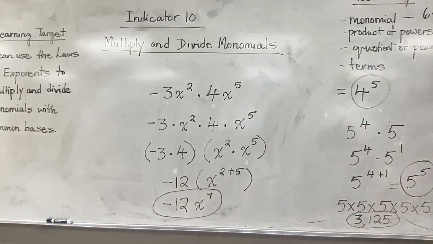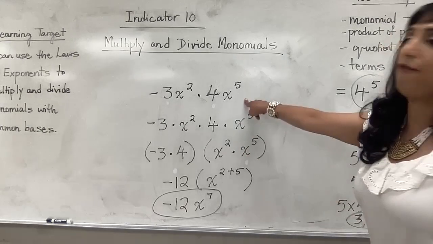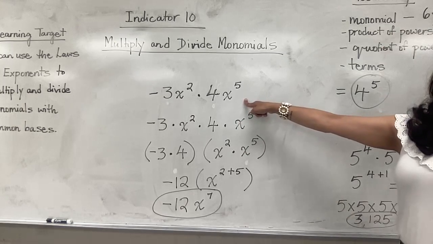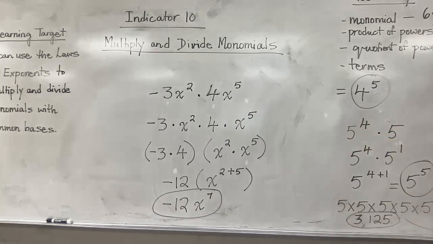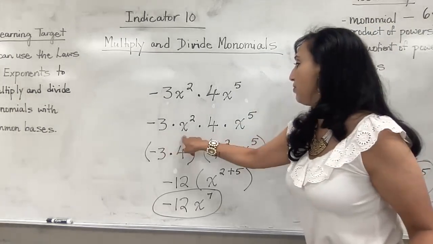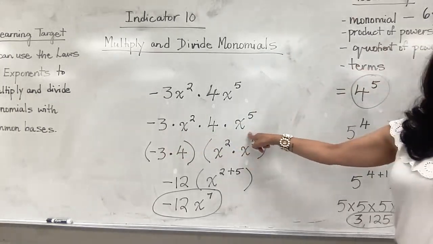Now when simplifying the expression, why were the coefficients multiplied but the exponents were added? Please remember, a coefficient is the number used to multiply a variable. So -3x squared times 4x to the fifth power, what does this actually mean? It means we are multiplying all of this.